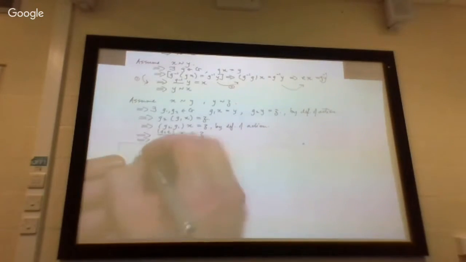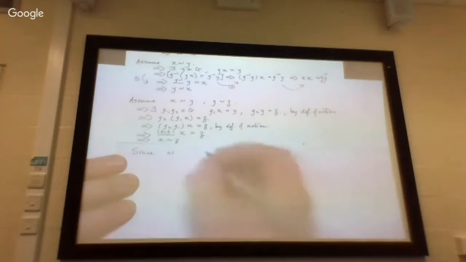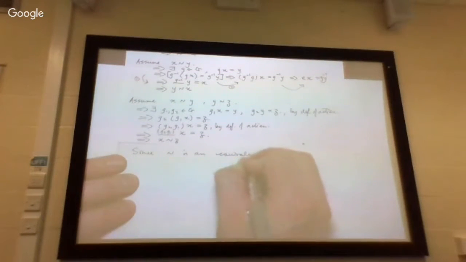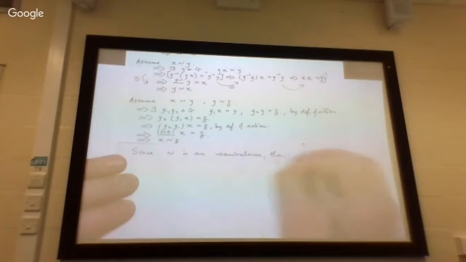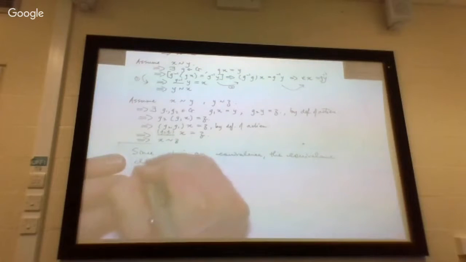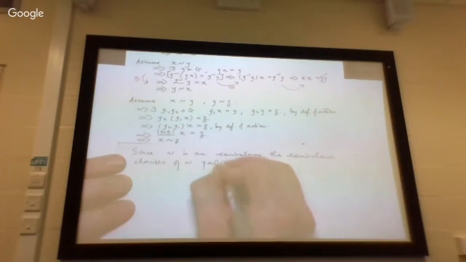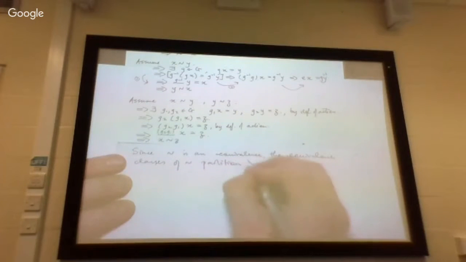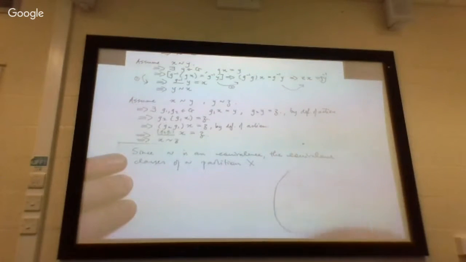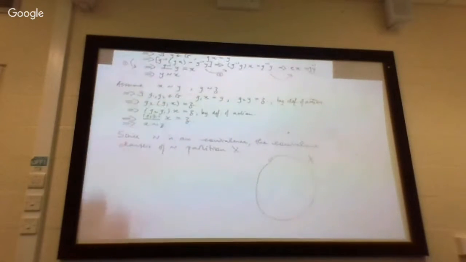Okay. So since the relation tilde is an equivalence relation, the equivalence classes of it partition the set X. Here's your set X. Remember what a partition was.